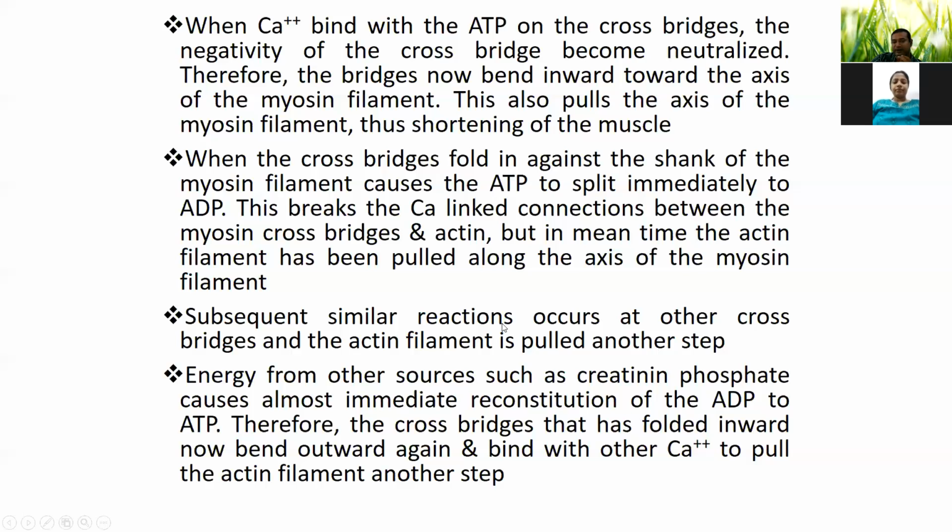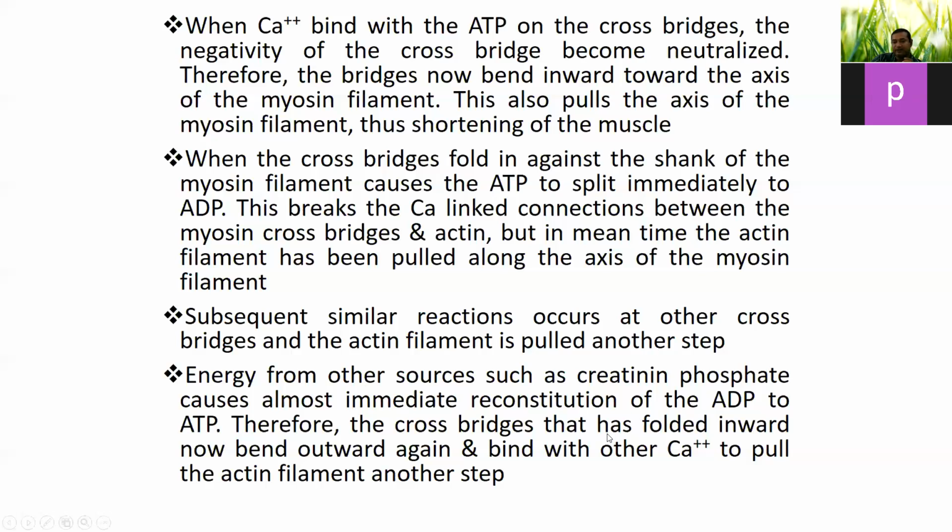Subsequent similar reactions occur at the other cross bridges, and the actin filament is pulled to another state. Energy from other sources like creatine phosphate reconstitutes the ADP to ATP again.